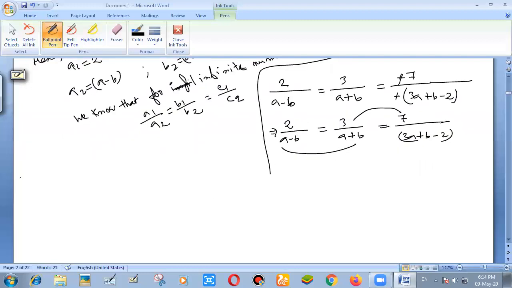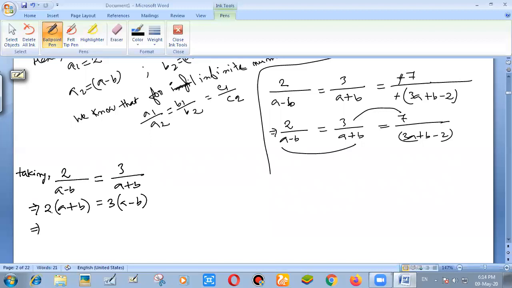So write down 2 by a minus b equal to 3 by a plus b. Now cross multiply it. It will be 2 into within bracket a plus b, 3 within bracket a minus b. So now multiply it. It will be twice a plus twice b. It will be thrice a minus thrice b.